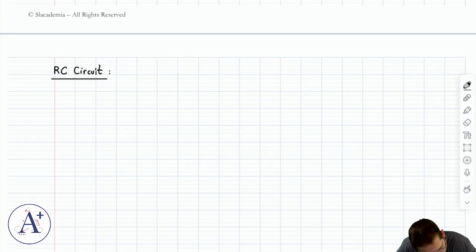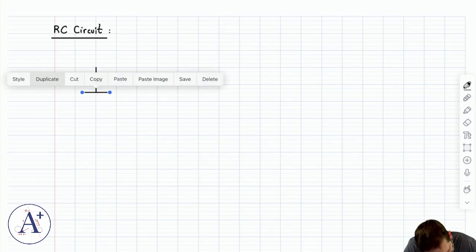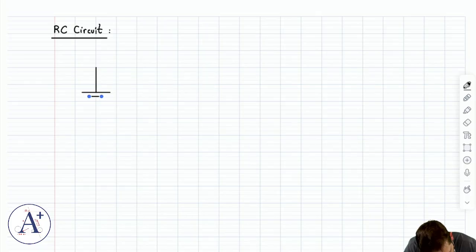And for the RC circuit, it depends which one. It depends whether you're trying to charge the capacitor or discharge the capacitor. So I'm going to draw 2 different RC circuits. I'm going to start with the one with the battery because it actually is the most common one.